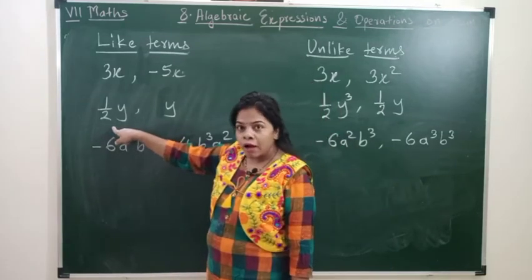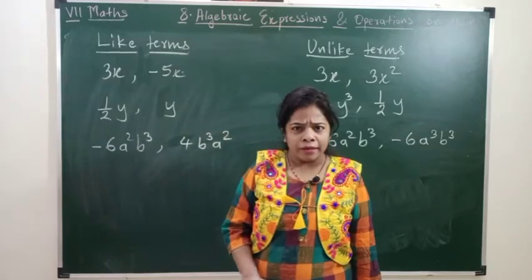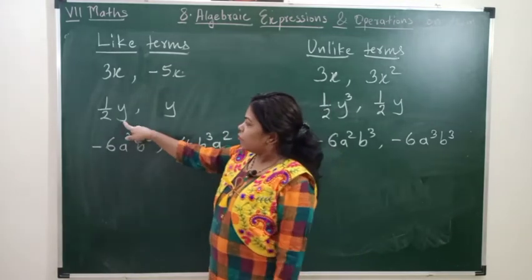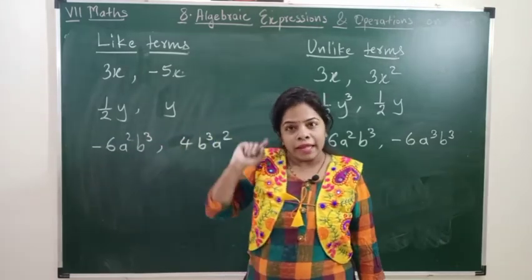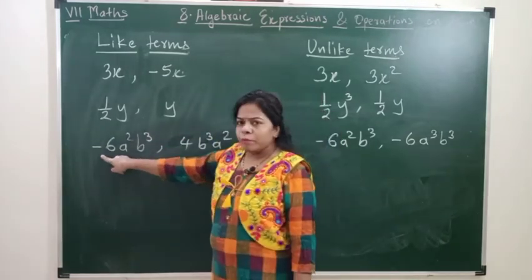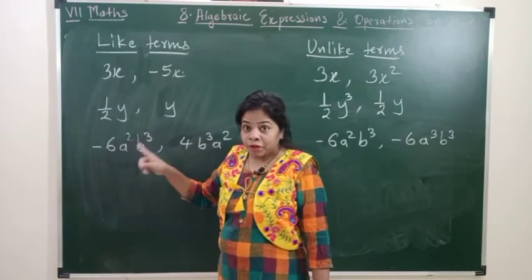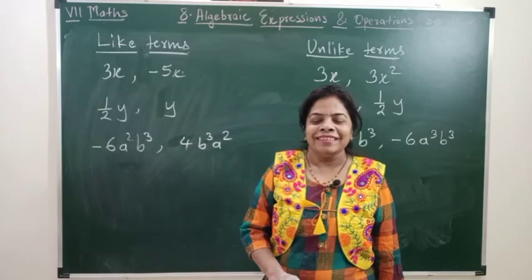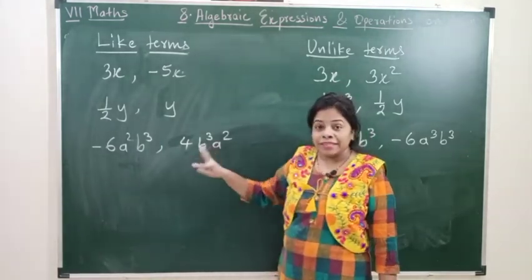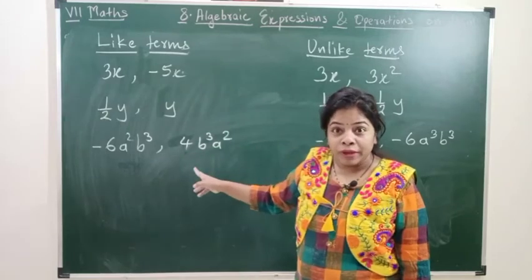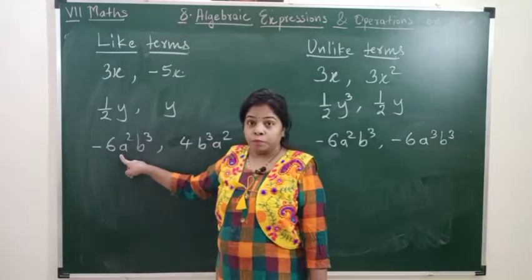Second one, half y and y. They are also like terms because y and y, there is one y term in both the places. So they are like terms. In this also, minus 6 a square b cube. We know square and cube children. And 4 b cube a square. See children, I have changed the sequence. But how many a terms? 2.